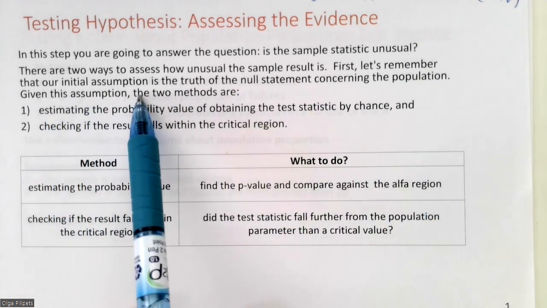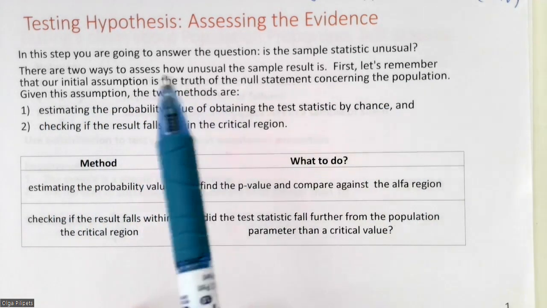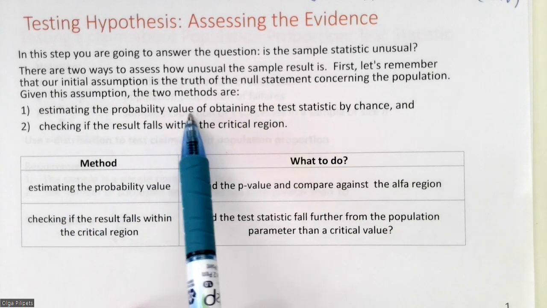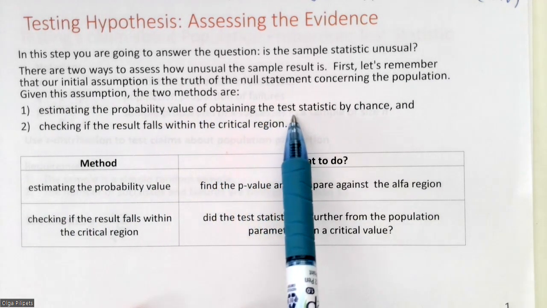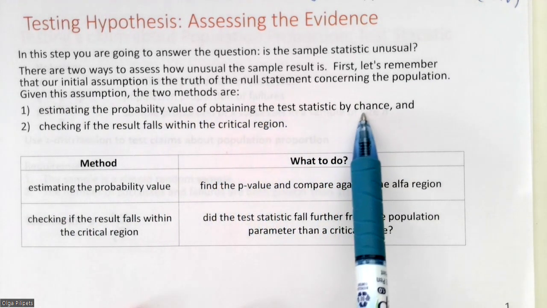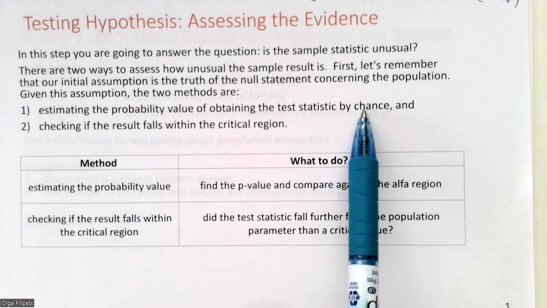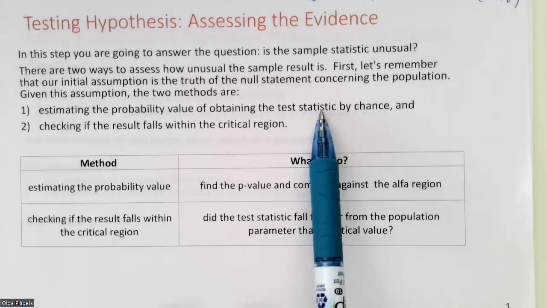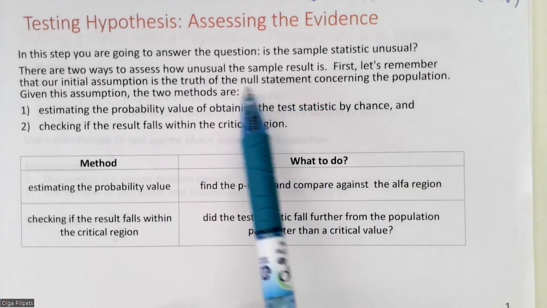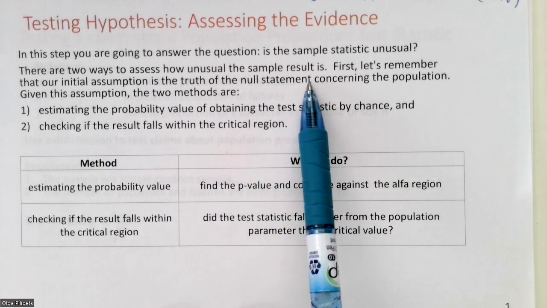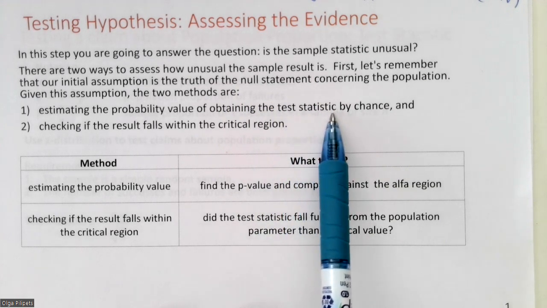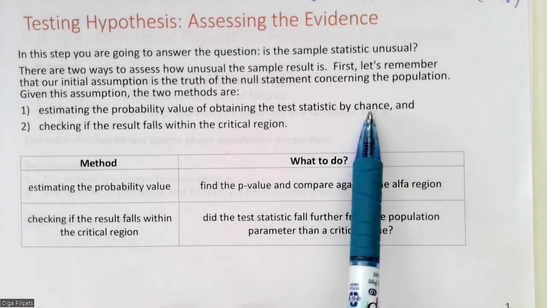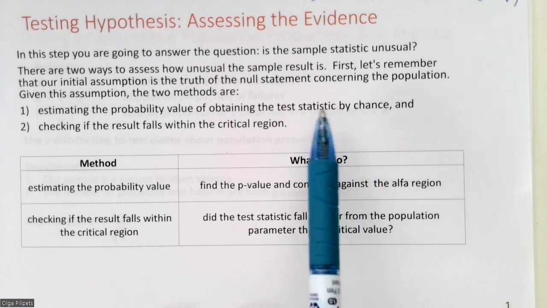Given this assumption, the two methods are estimating the probability value of obtaining the test statistic by chance. That's the first method. We are looking at the test statistic and seeing, if the null statement is true, what's the chance that we got what we got?